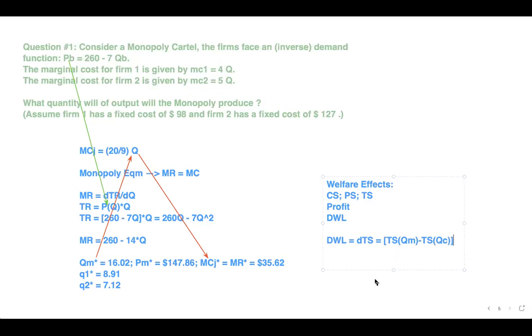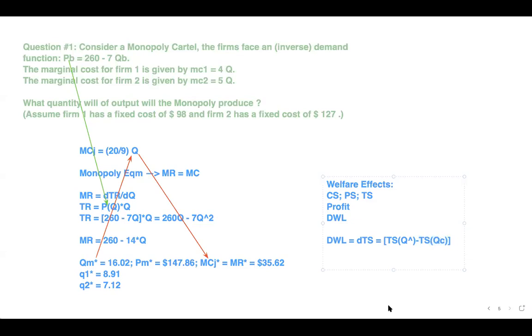And whether this is in fact monopoly or some other case like Cournot or Stackelberg, I'm just going to replace that with the total surplus associated with the quantity of output under whatever it is, and it's always going to be benchmarked against the total surplus under competition.